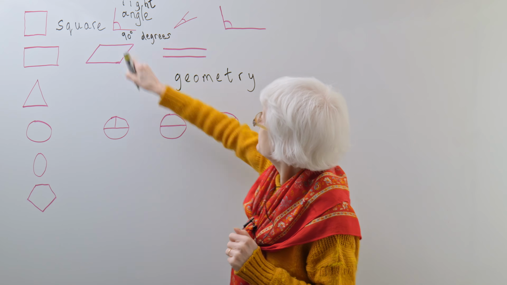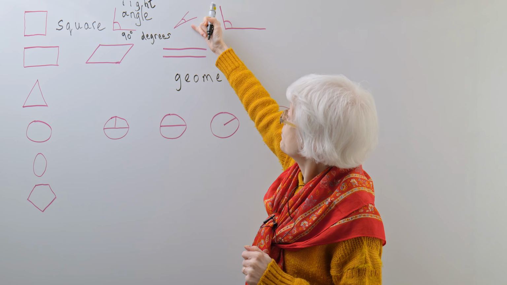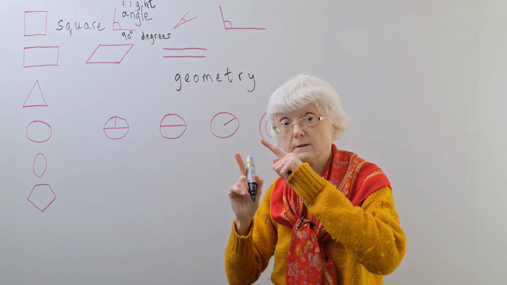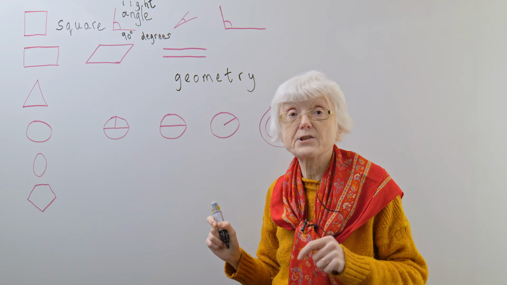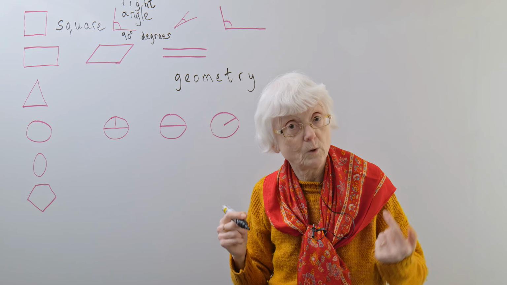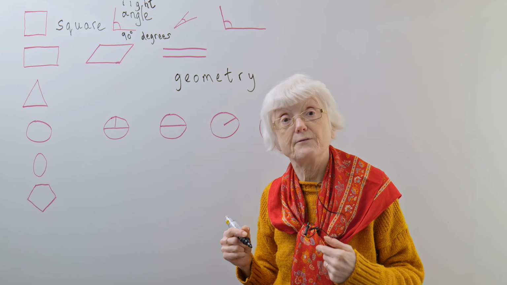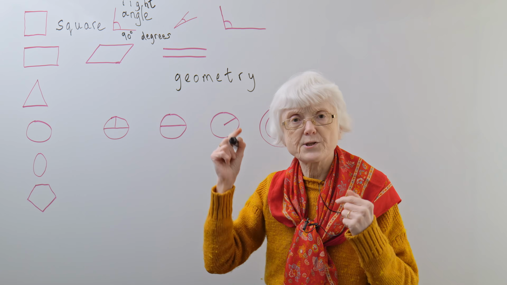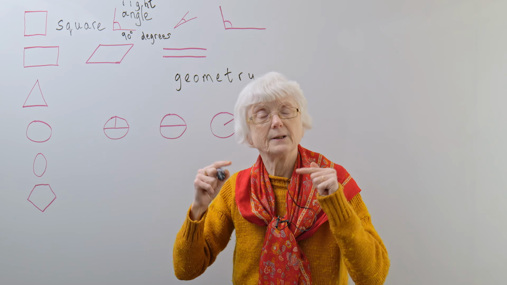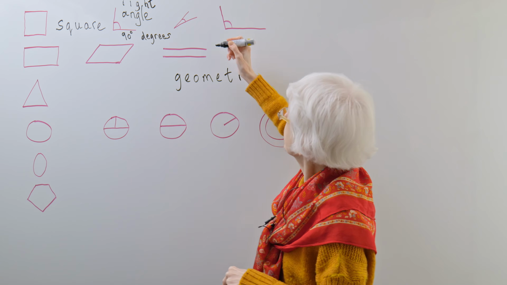Okay, so if that's a 90-degree angle, a right angle, this angle here is obviously a lot less. And there's a general word to describe that kind of angle. I don't know if you know it. It's a word that means sharp, something sharp, because it's so pointed.